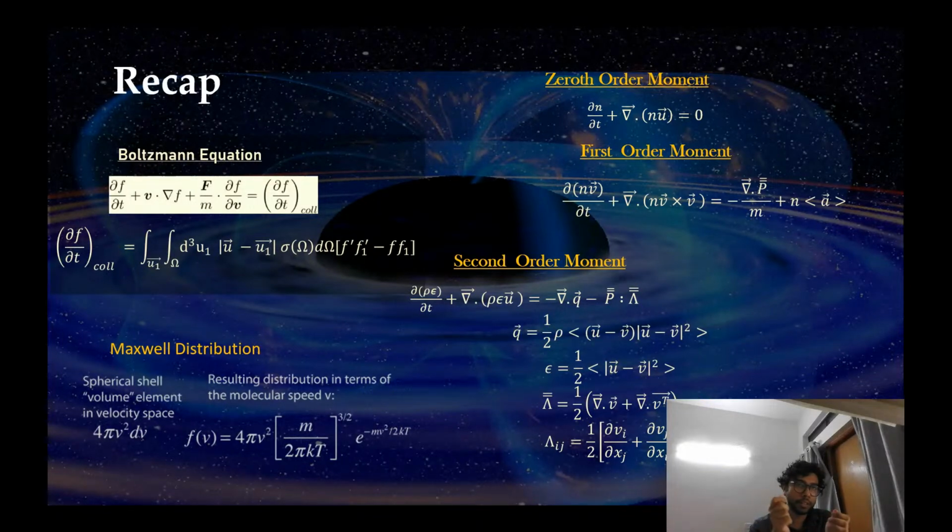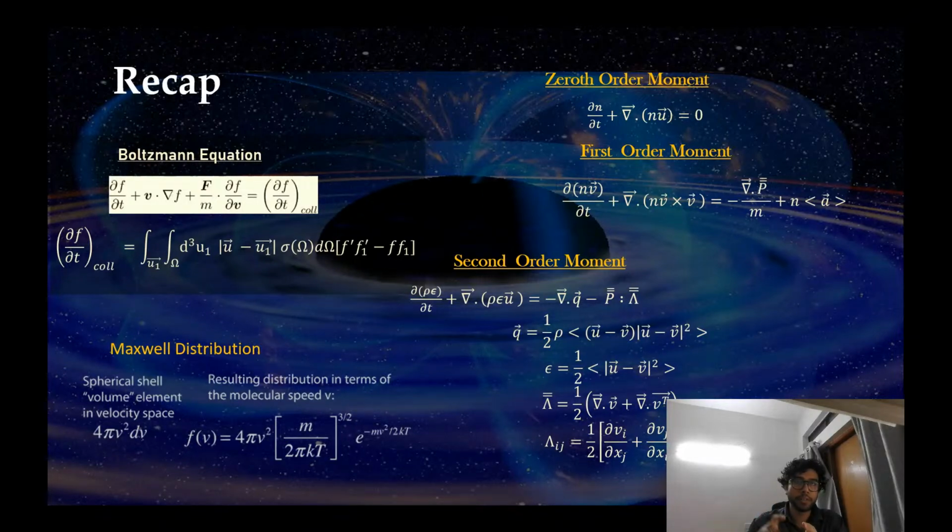So if there are collisions inside the volume, particles will have velocities between u and u plus du, and in the next instant, after the collision, the particles might go out of that volume and will have some different velocities. They will go into a different volume in phase space. Right.